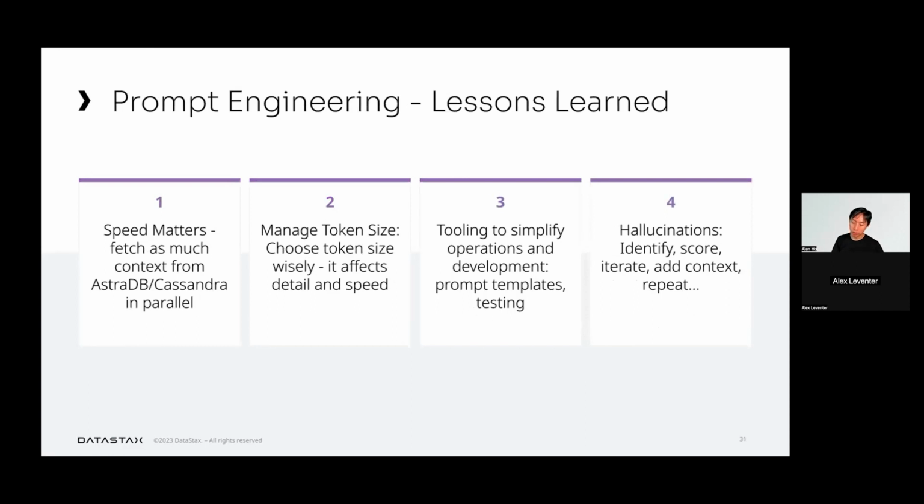There's also another bunch of other things that we've learned in prompt engineering. Number one: because this is a real-time application, you want to respond to the user as quickly as possible, so you want to fetch as much context from your database in parallel.